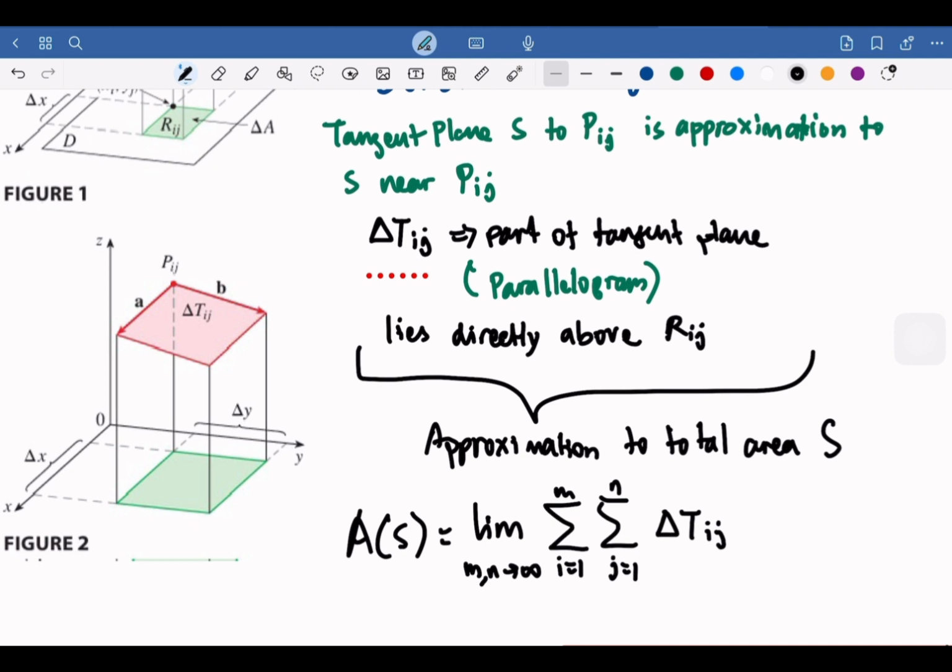And now we focus on these vectors a and b, which are described from the point P. Suppose we have point P, from which these vectors come out. We call them a and b.